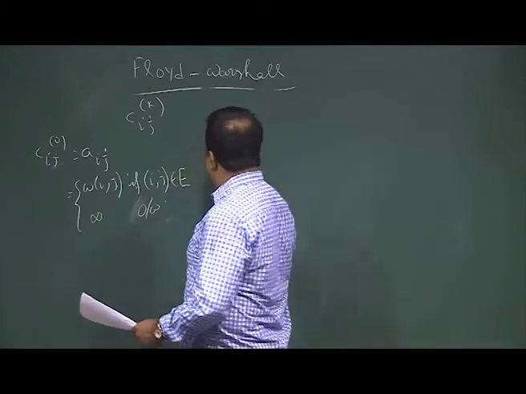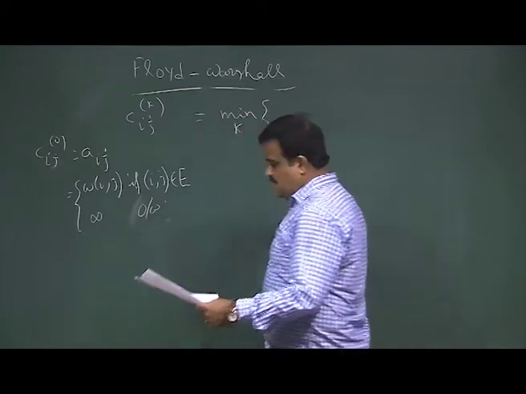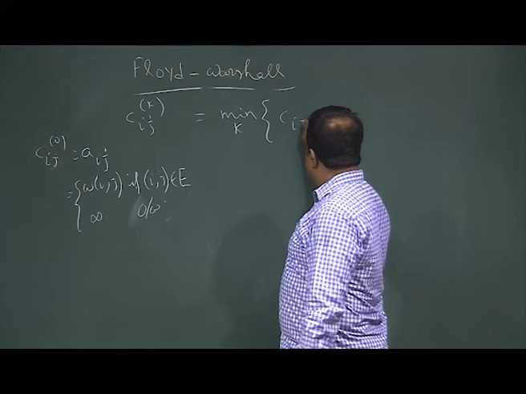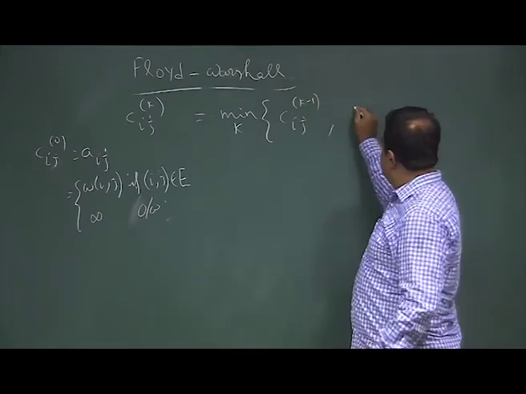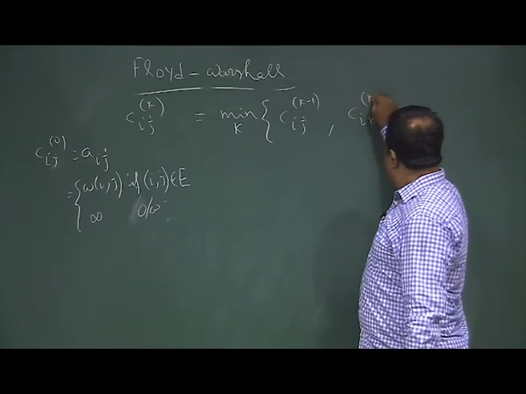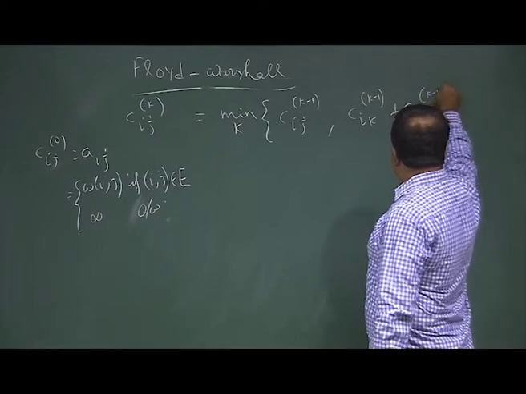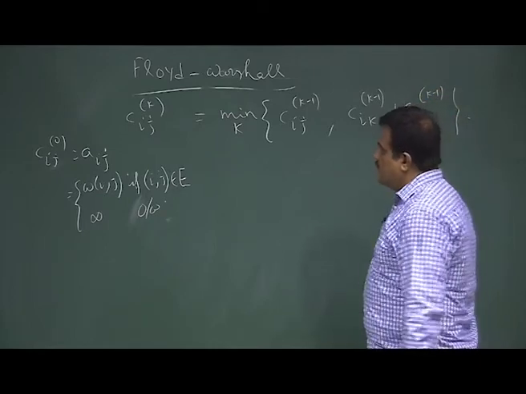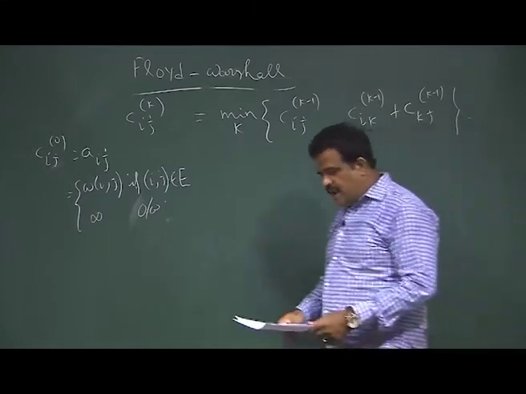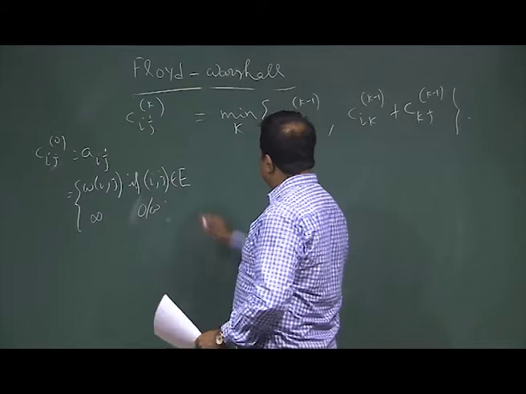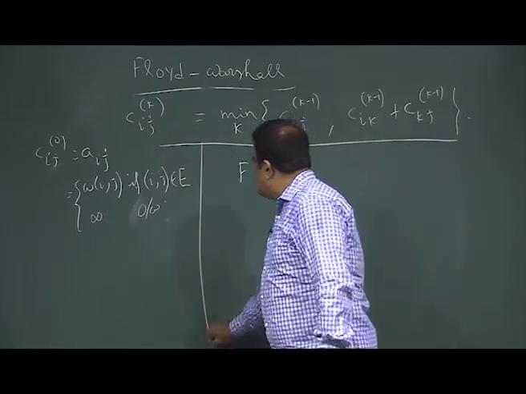In the last class we proved that this is basically the minimum of C_ij^(k-1) and C_ik^(k-1) + C_kj^(k-1). Okay. So, minimum among these. So, from this we have the algorithm, a divide and conquer approach. So, that is the Floyd-Warshall algorithm.